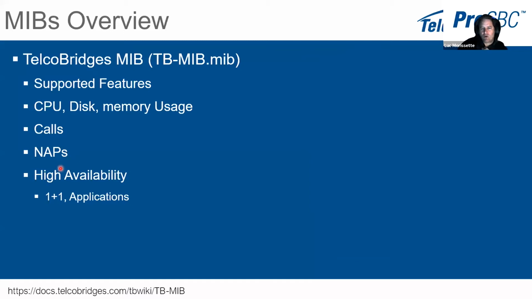You will also have high availability applications. Let's say if you have a failover, it will be shown here. So you can either read it from the system, or you can get a trap if you have configured traps in the system. If there's an application failover, it will send that to the SNMP server.